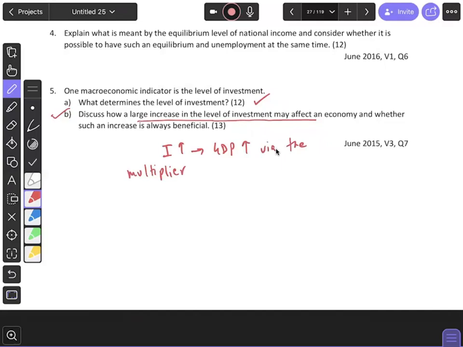And therefore investment can cause my GDP to go up. And GDP goes up. Is that good for the economy? Yes, because higher GDP means more jobs, more output, and one may argue even a higher standard of living.